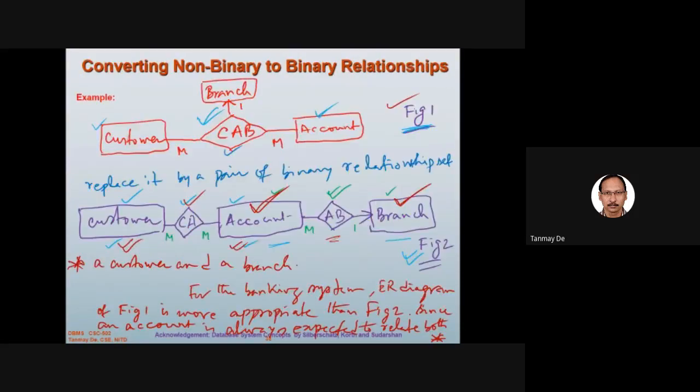In both figure 1 and figure 2, the bank account is modeled as an entity set, in the binary relationship in figure 2 as well as the ternary relationship set CAB in figure 1. Now I want to model the account entity set as a relationship set.